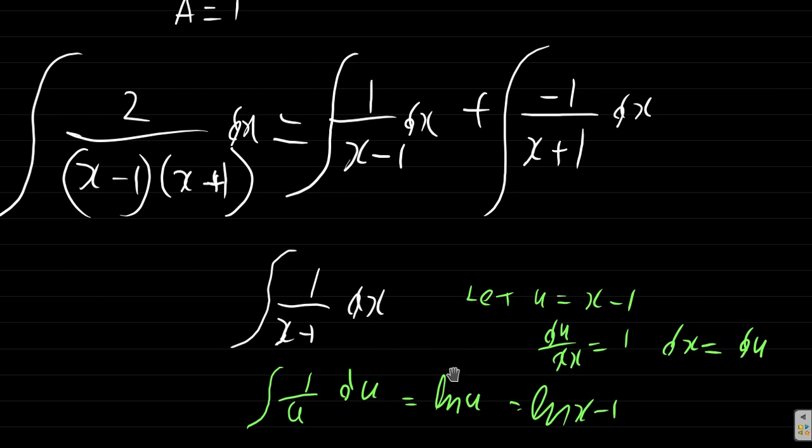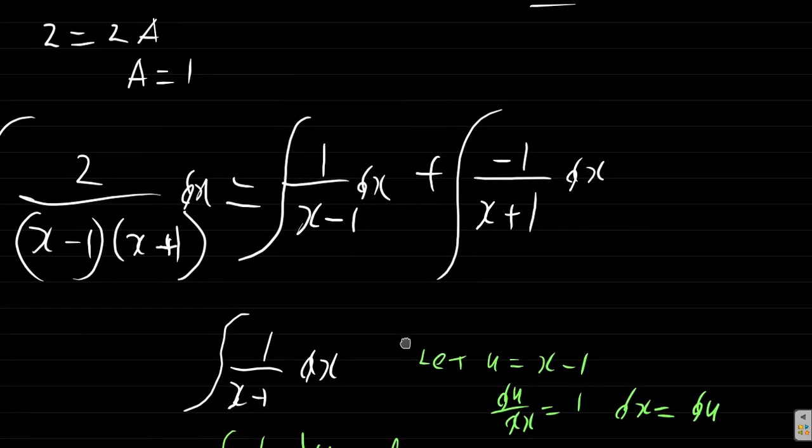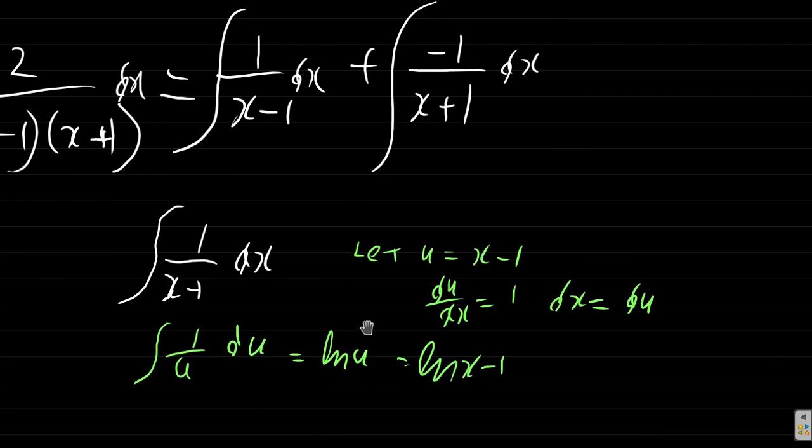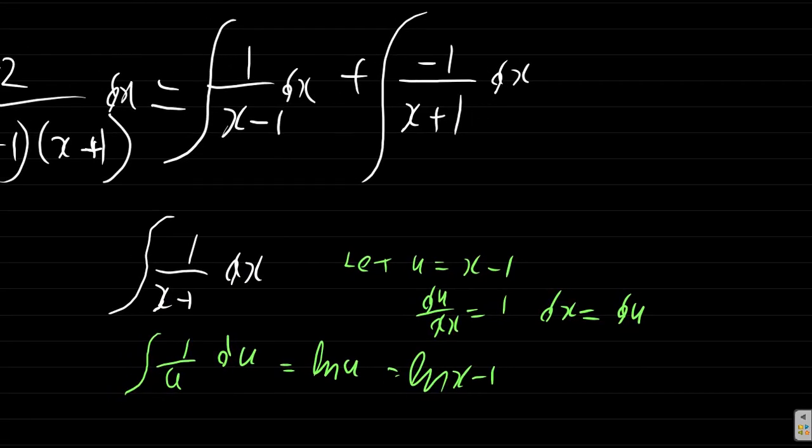So what you have here is ln of x minus 1. Let's write it down here. Equal ln of x minus 1. And then it's going to be minus, because you have the integral of negative 1. Let's just put the minus there for now.